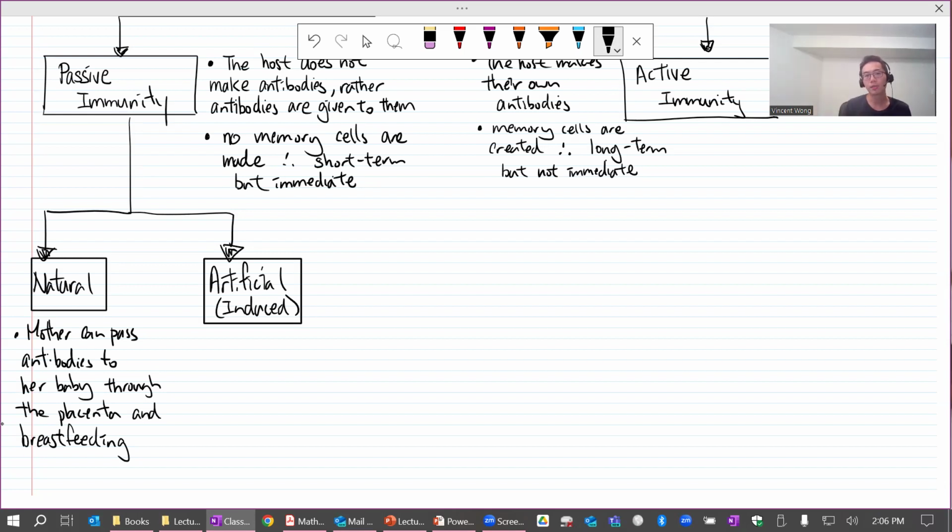Now, remember, this is short-term, but immediate. Once the antibody goes into the baby, the baby will have immunity. Let's say the mother is immune to COVID. Some antibodies go to the baby, so the baby is born with the COVID antibodies. And then through breastfeeding, maybe there's some more immunity being transferred, but there's no control as to what actually gets passed through.